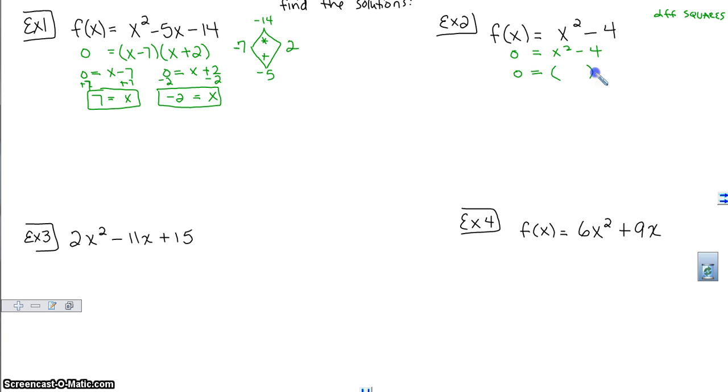So if I do this factoring, I want to think about what would multiply to negative 4 and add up to be 0. This is my C and this is my B. There's not a B here, there's no something x. So we would have 2 times negative 2. Take each factor, set it to 0.